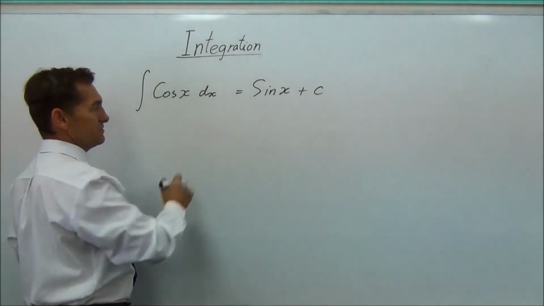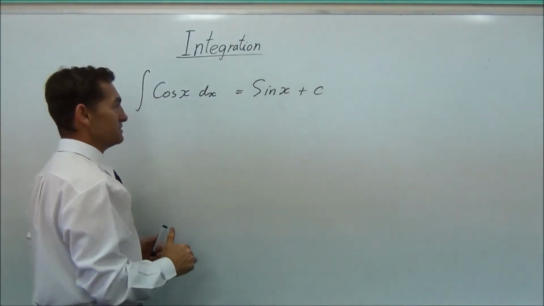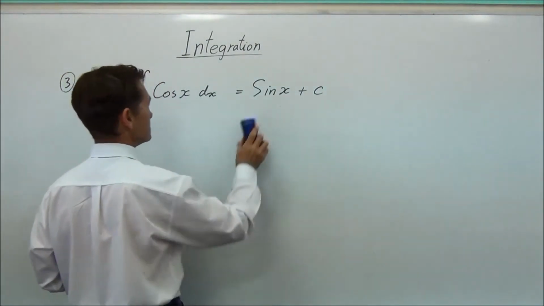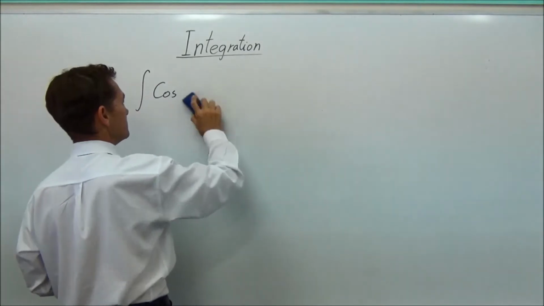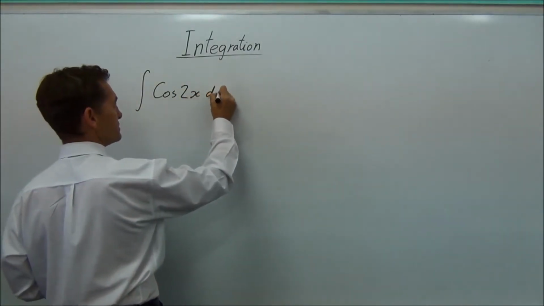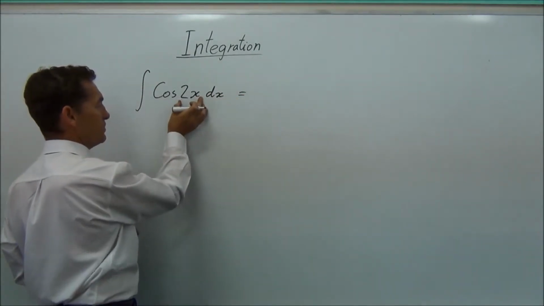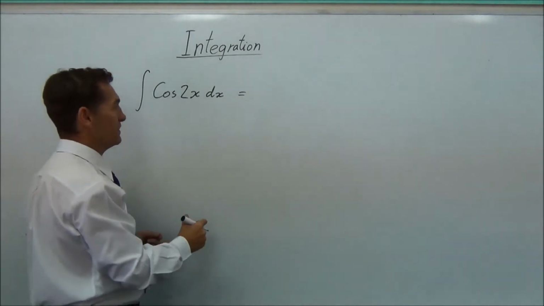So this is given on a formula sheet, but if we look at a few alterations to this so that you're aware of what's happening. So let's rub that out and move this x, and let's put 2x there. So what happens to this is you've got a function within a function. Okay?